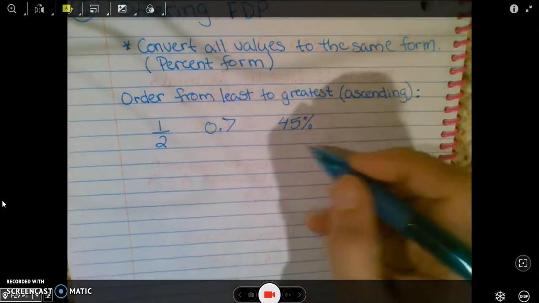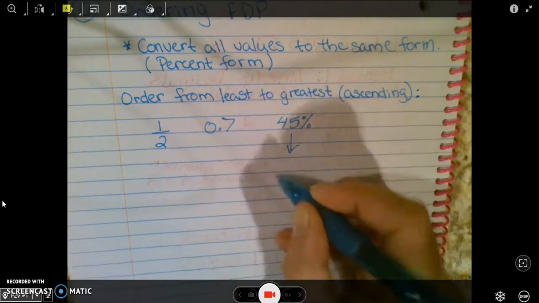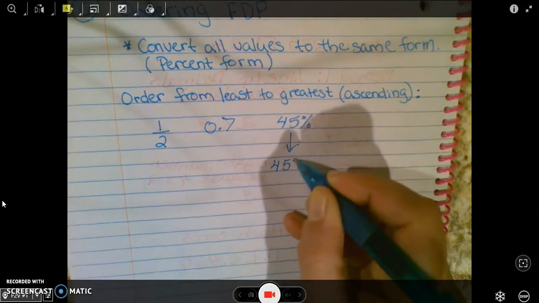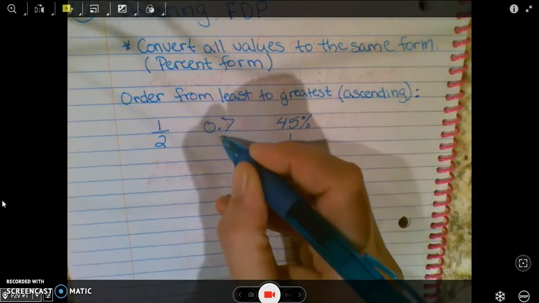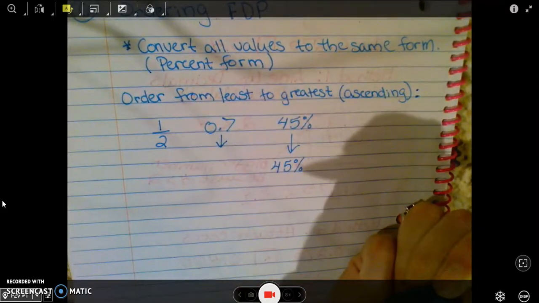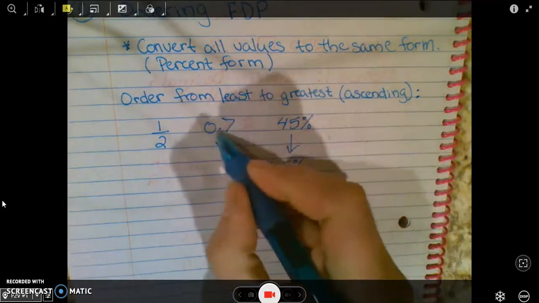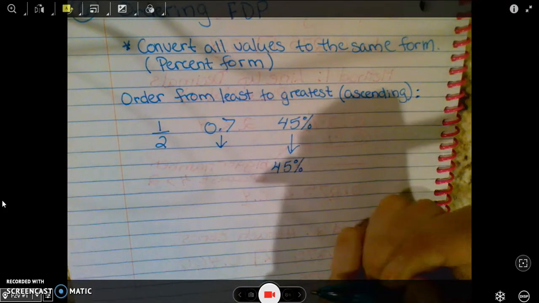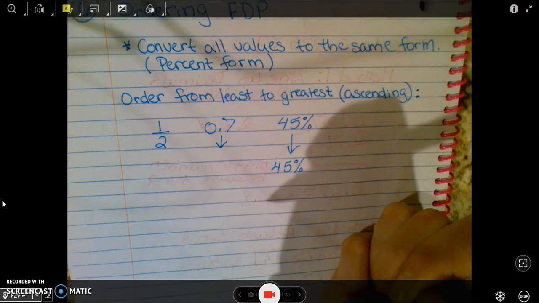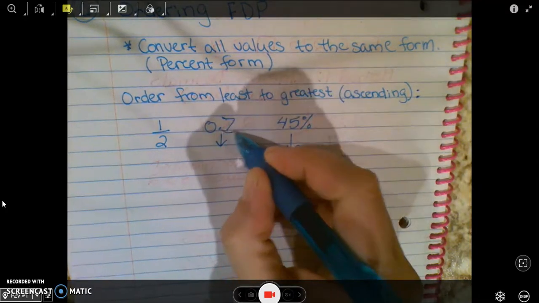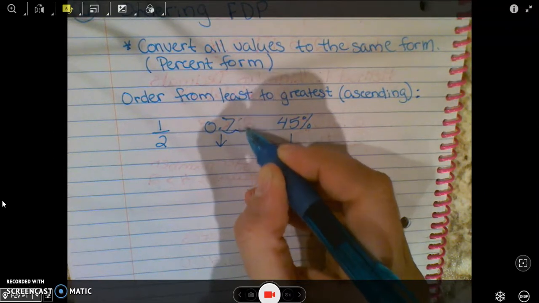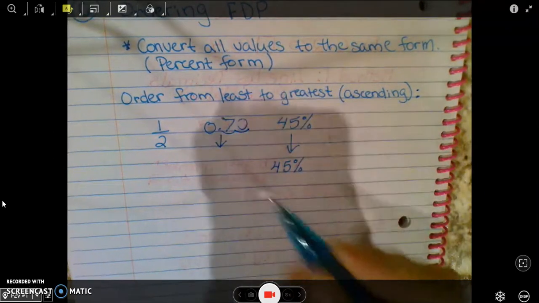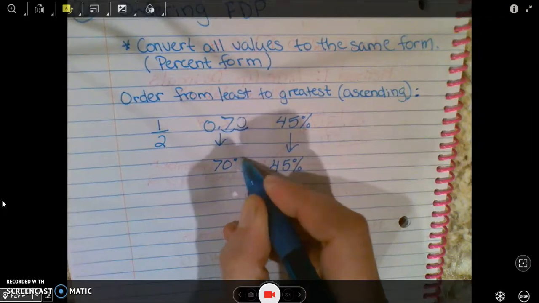First of all, a real easy one: 45%, that doesn't change at all. That's still 45%. For 0.7 as a decimal, my decimal has to move 2 places to the right, towards where the percent sign would be. So I go 1, 2 places. I'd have to put a 0 as a placeholder, so that ends up being 70%.